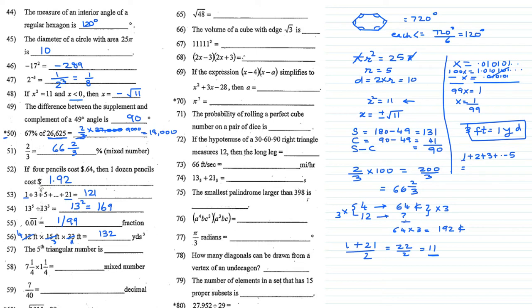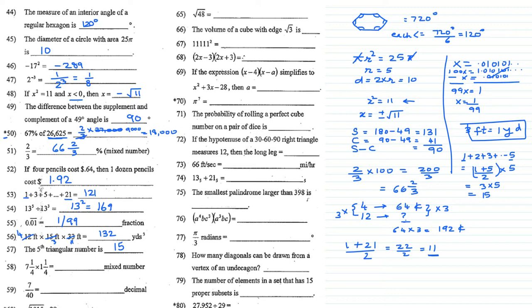What is the average number in this series? That's equal to 1 plus 5 divided by 2. And then how many numbers are there in this series? There are 5 numbers. So 1 plus 5 is 6. 6 over 2 is 3. 3 times 5 is 15. So that's the answer.